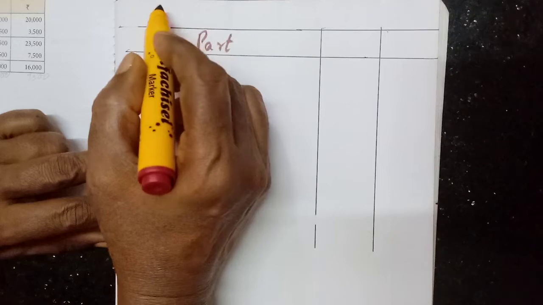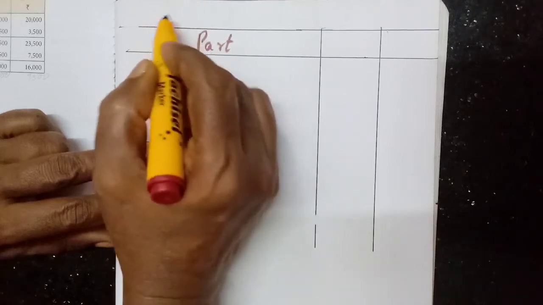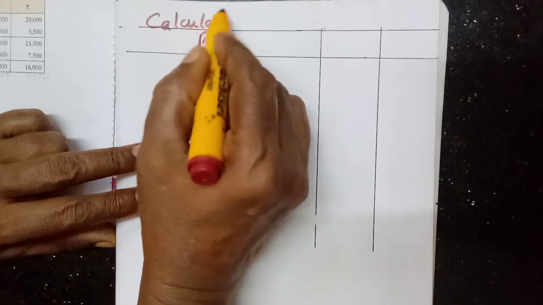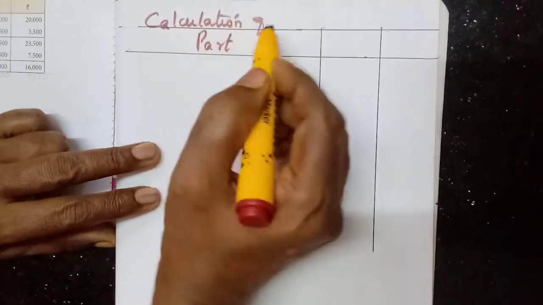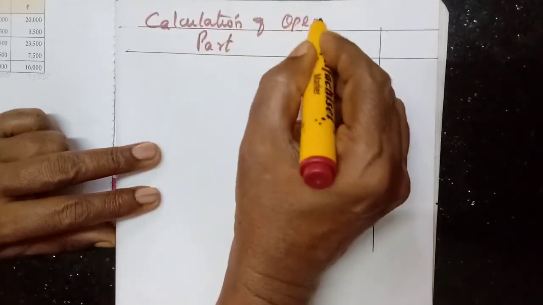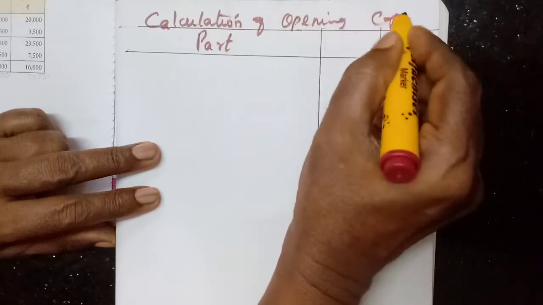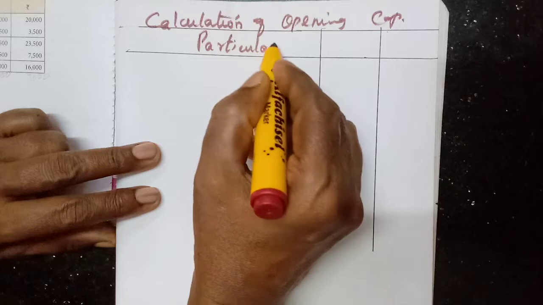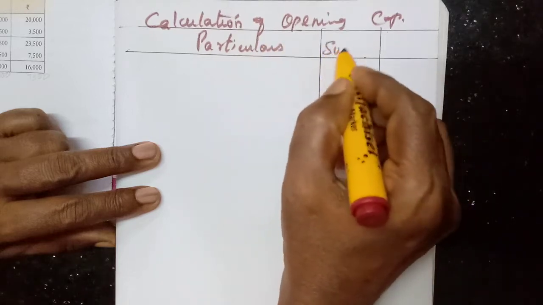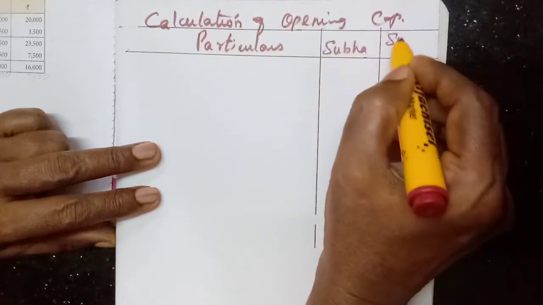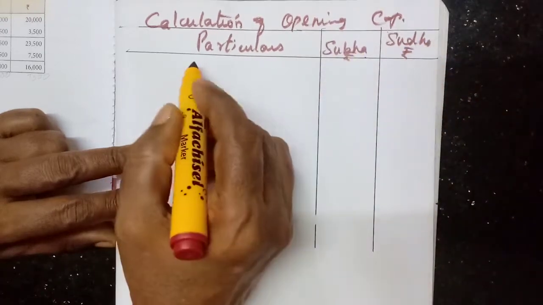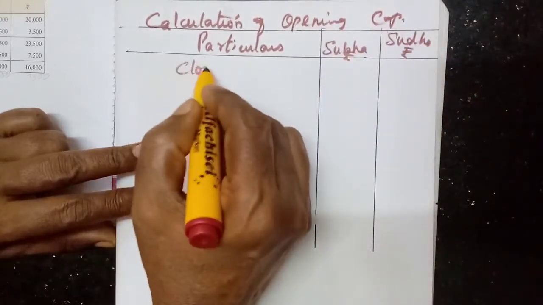We can write calculation of opening capital. Particulars: Subha, Sudha. Rupees we need to write. Okay, closing capital.